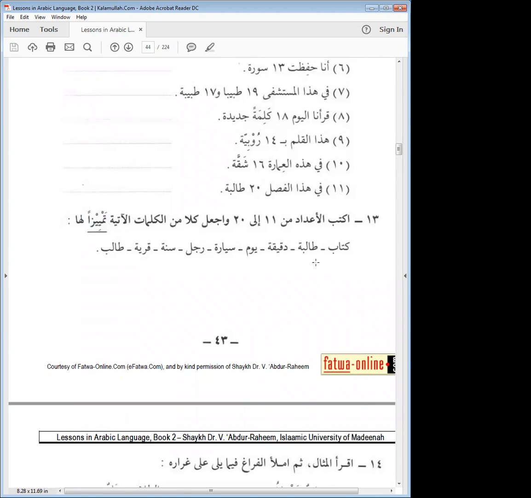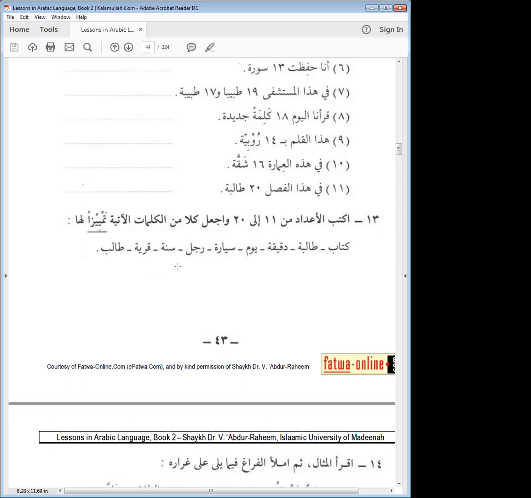Kitab, طالبة, دقيقة, يوم, سيارة, رجل, سنة, قرية, and طالبة, and طالب. Right, so the first one is book, طالبة is female student, دقيقة is minute, يوم is day, سيارة is car, رجل man, سنة year, قرية is village, and طالب is a male student.